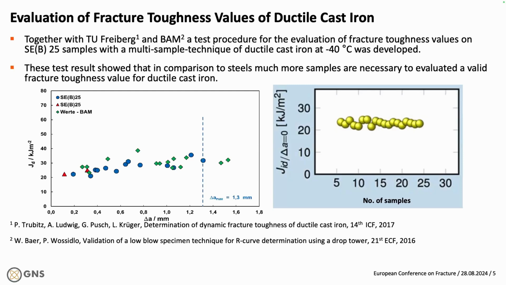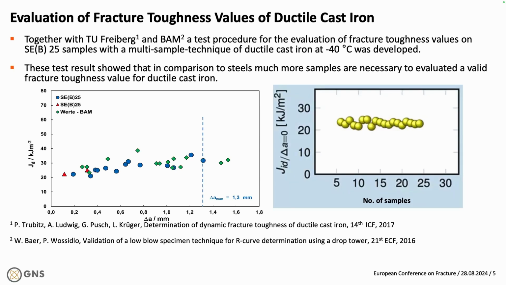And it was necessary to find a test procedure which is able to describe the material behavior for ductile cast iron. And we found out by a comparison between the two laboratories that we need much more samples for the fracture toughness evaluation.